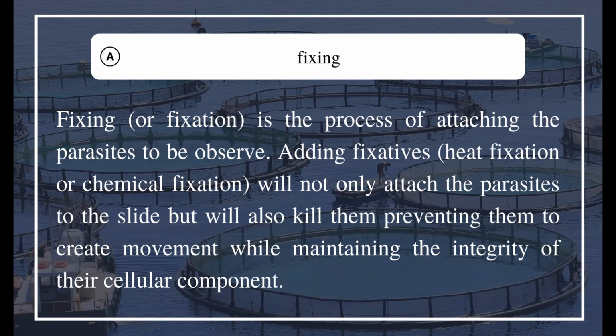Fixing, or fixation, is the process of attaching the parasites to be observed. Adding fixatives, heat fixation or chemical fixation, will not only attach the parasites to the slide, but will also kill them, preventing them from creating movement while maintaining the integrity of their cellular components.